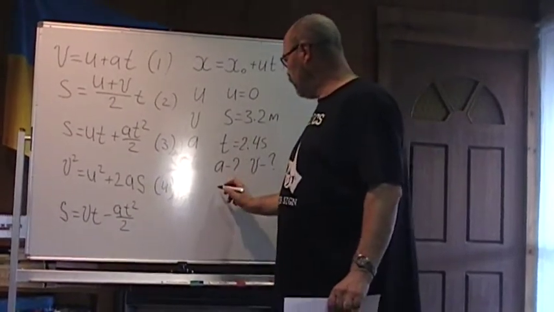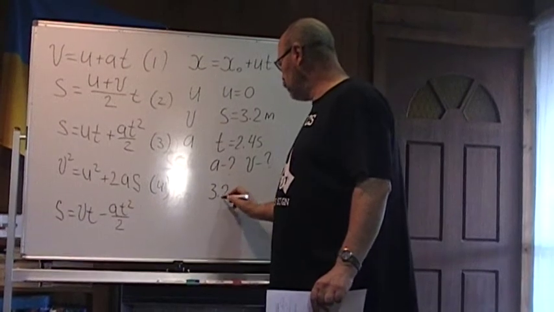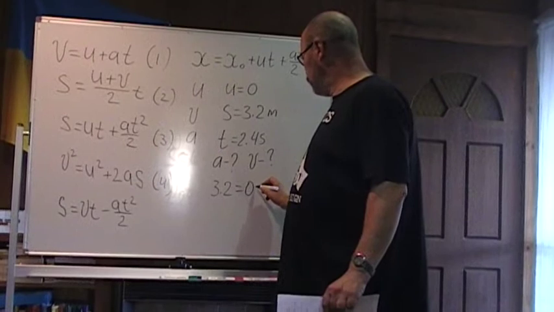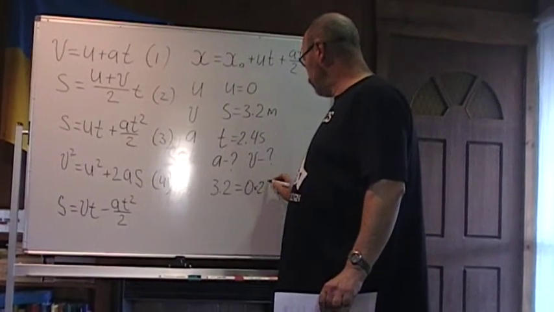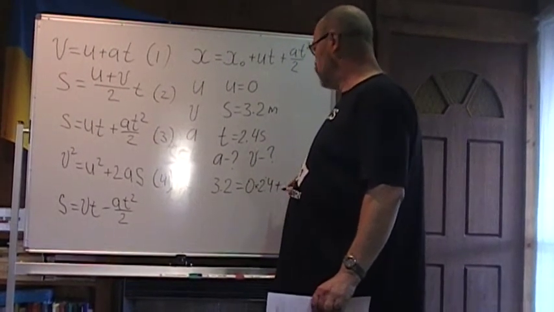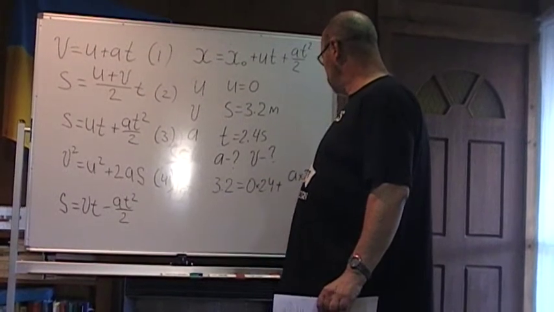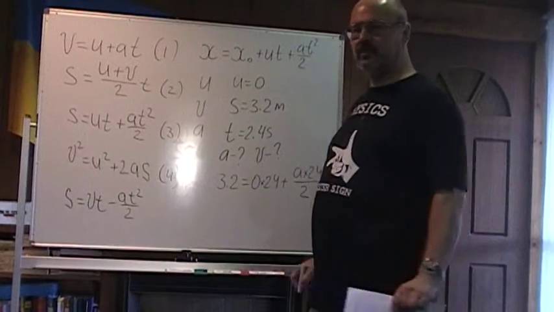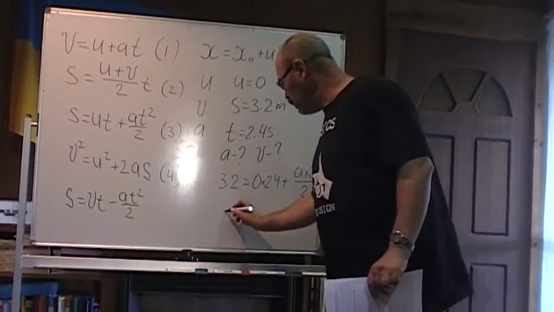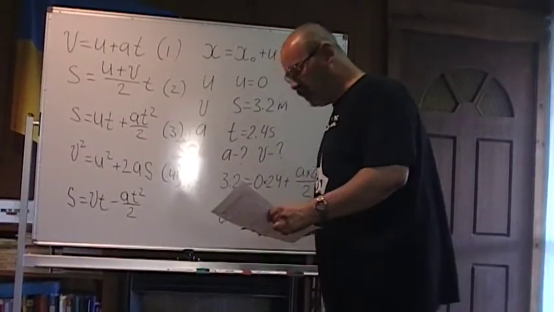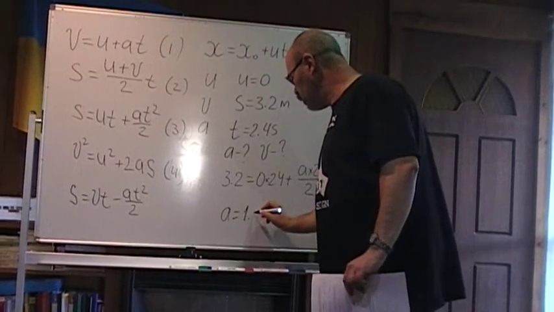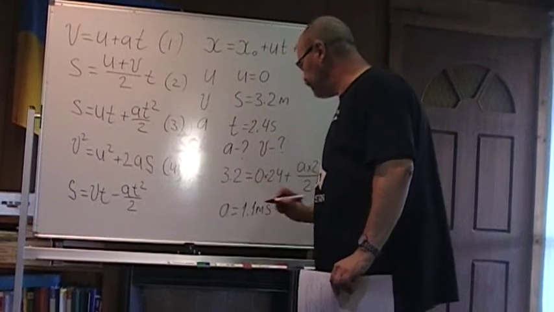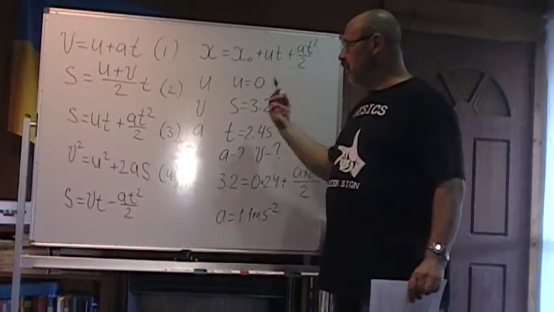We have s, 3.2 meters, equals 0 times 2.4 plus a times 2.4 squared divided by 2. Solving for acceleration, we get approximately 1.1 meters per second squared.